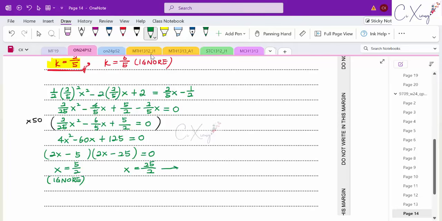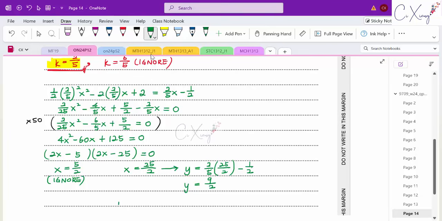And then to get the value of y, what we need to do is substitute into the linear equation. For me, I think substituting into the linear equation is easier instead of substituting into the curve, right? So y equals to kx plus p. So k, the new x that you get is 25 over 2 minus the p, plus p. So p is negative half. And from here, you'll get your value of y equals to 9 over 2.